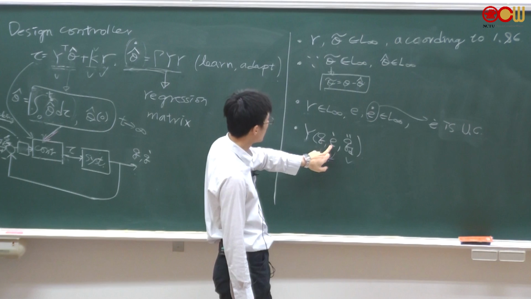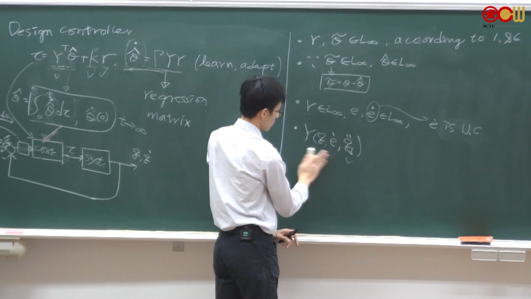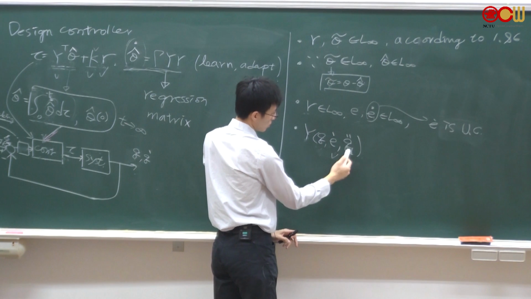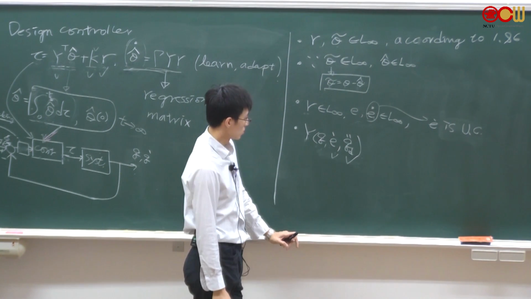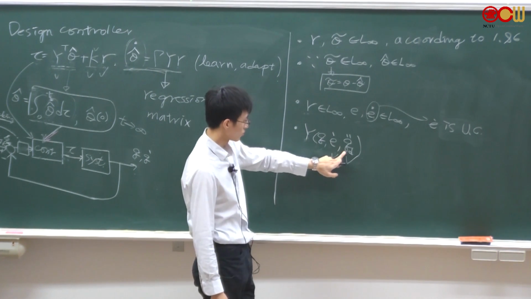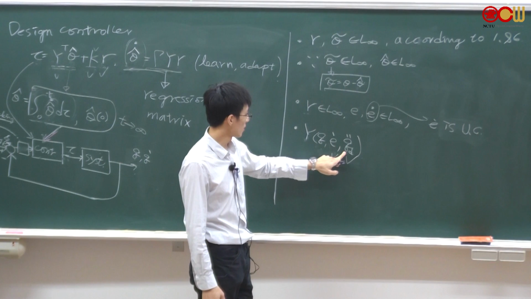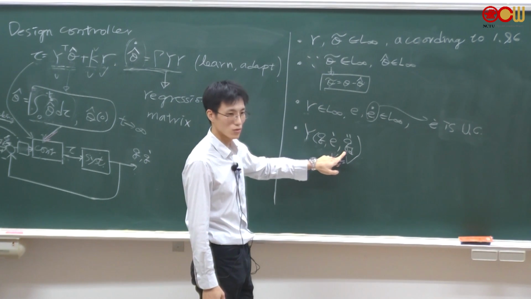Q and E dot are bounded here, based on here, so it's bounded. Q D is bounded because it's the user's choice. Q D double dot is the acceleration of the desired trajectory. You always desire a trajectory whose two times derivative will be bounded.